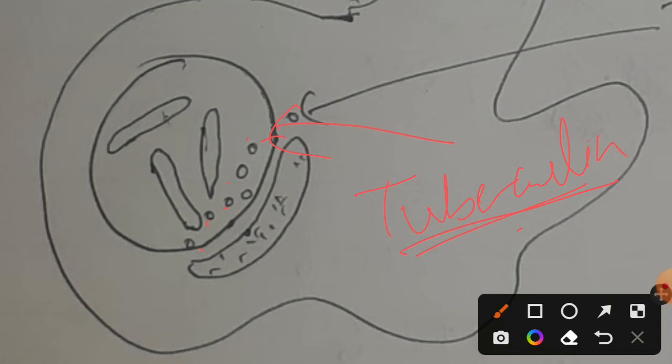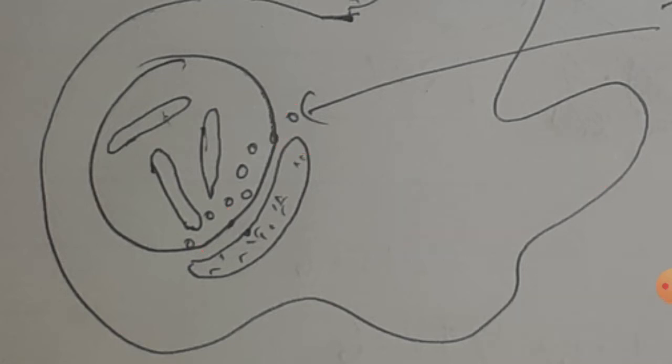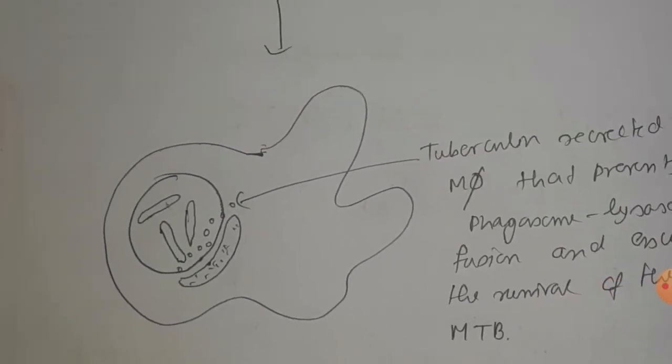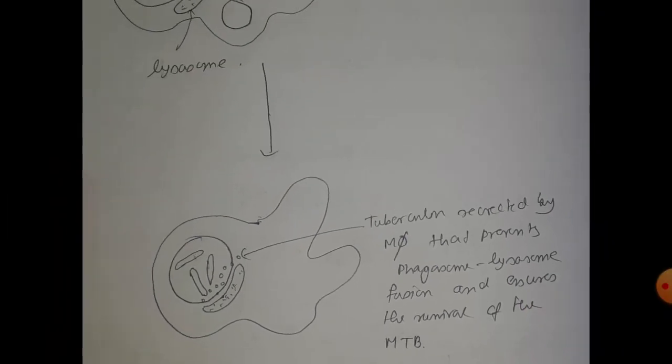This tuberculin protein prevents phagosome-lysosome formation, or phagosome-lysosome fusion. As a result, the bacterium survives well inside the macrophage. Not only that, Mycobacterium tuberculosis now starts to proliferate and causes a localized infection.